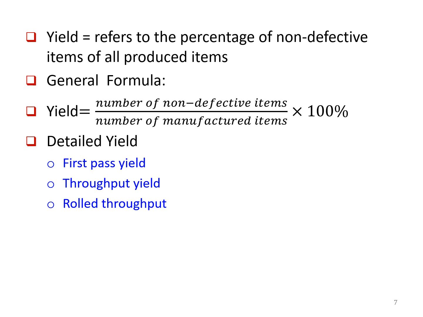However, when we assess the yield of our production, we also have a detailed yield assessment. This detailed yield assessment can be divided into three categories: the first pass yield, the throughput yield, and the rolled throughput yield.